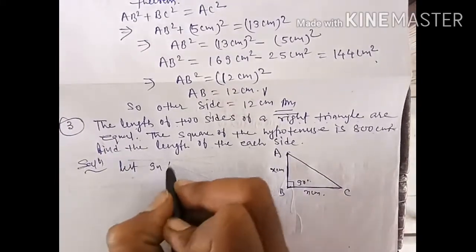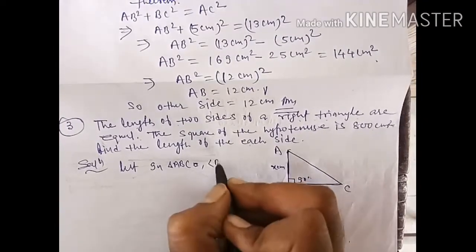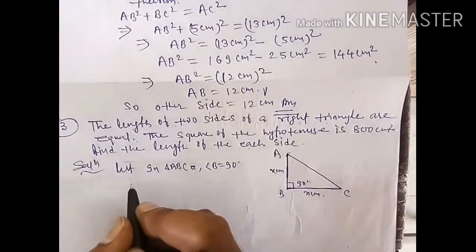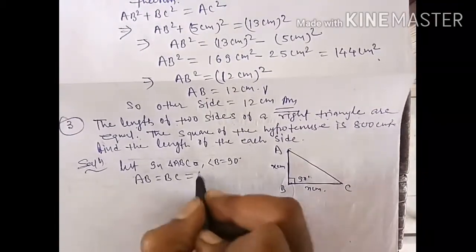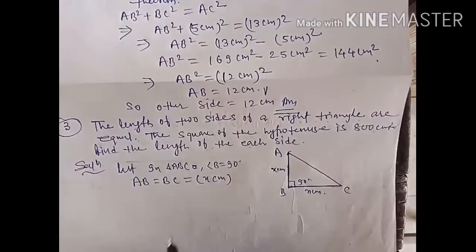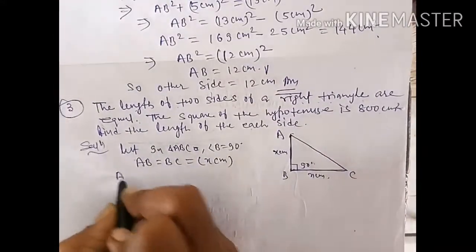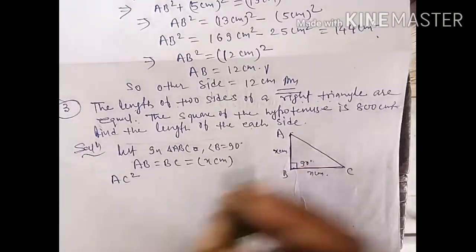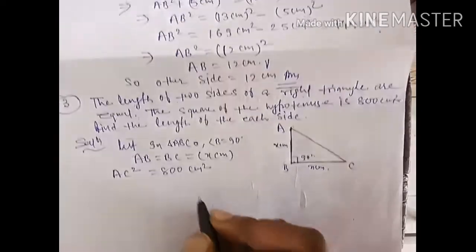In triangle ABC angle B is equal to 90 degree. The length of AB and BC are equal. We let x centimeter. Also given that AC square, the square of the hypotenuse, is equal to 800 centimeter square.